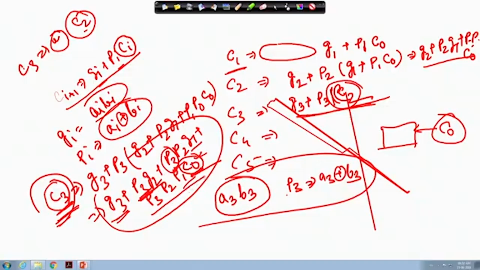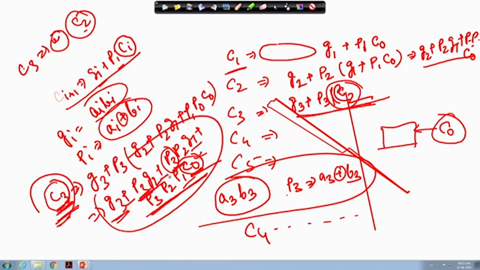By that we decrease the propagation delay in the carry look ahead adder. But at what cost? What we are doing here is increasing the levels. For C3 I am getting P3, P2, P1, C0, so the levels again increase.